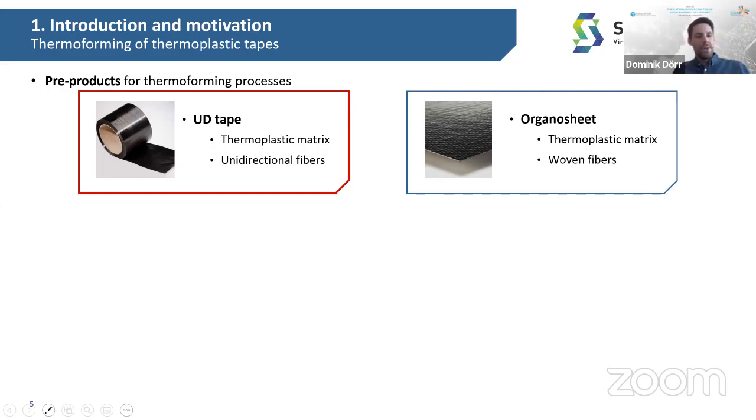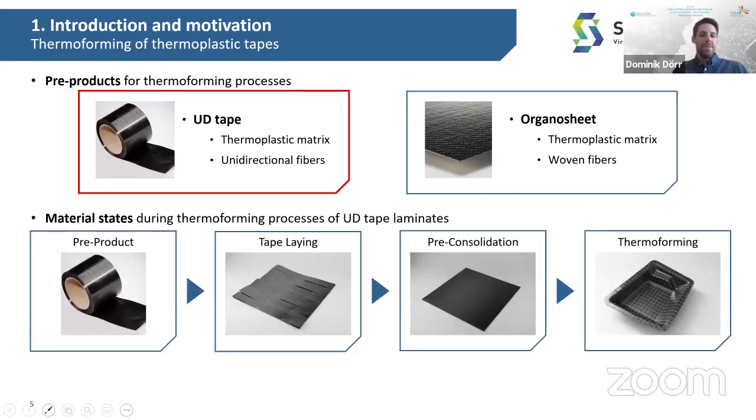Now, having a closer look at what the processing route for thermoplastic UD tapes looks like, we can see that we have different material states during thermoforming. It begins with a stripe, which is supplied on a roll. So this is the pre-product which is supplied by the material supplier. This is used in the first step, which is called the tape laying process, to place these stripes adjacent to each other and on top of each other to form the particular laminate.